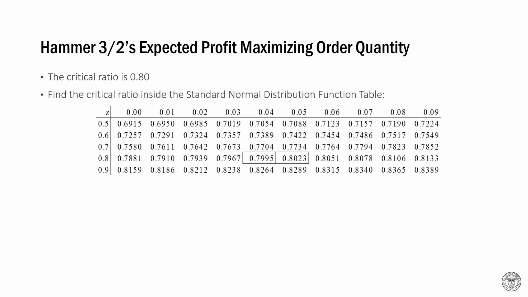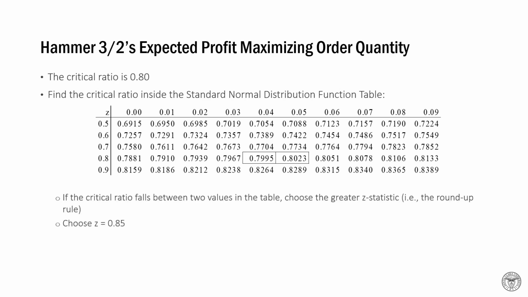To identify the order quantity that corresponds to this critical ratio, we turn to the standard normal distribution function table. This is a tool that provides us with the Z statistic, a measure that corresponds to our desired probability or critical ratio.